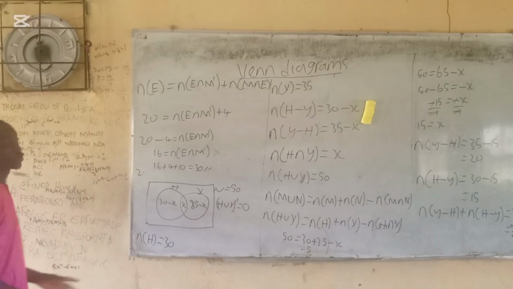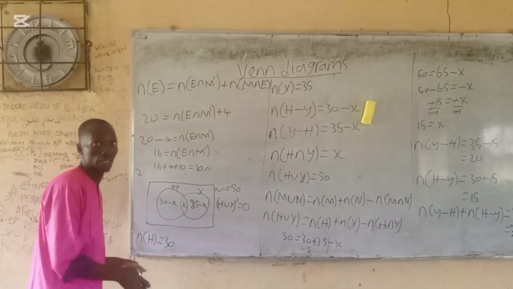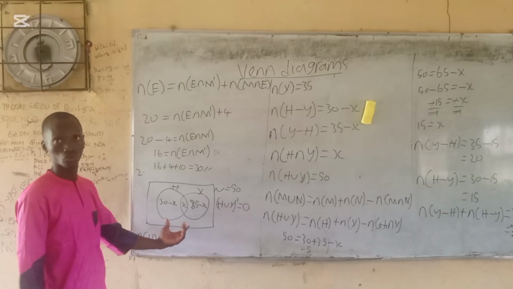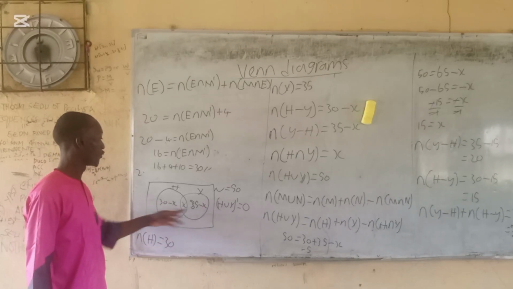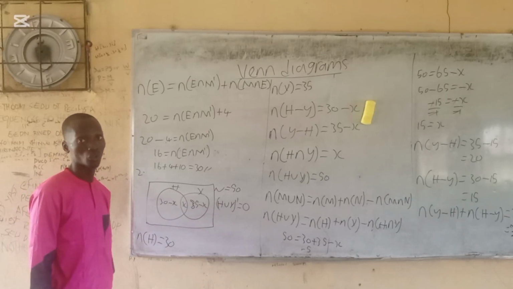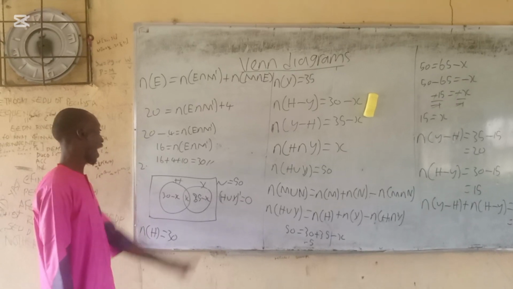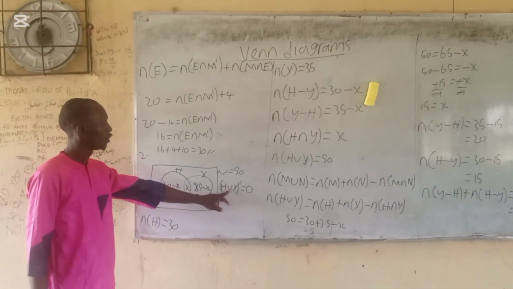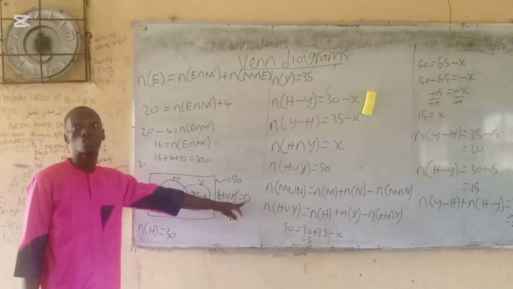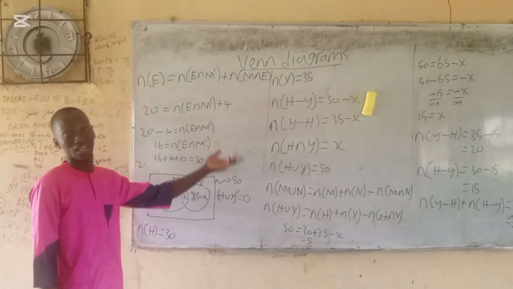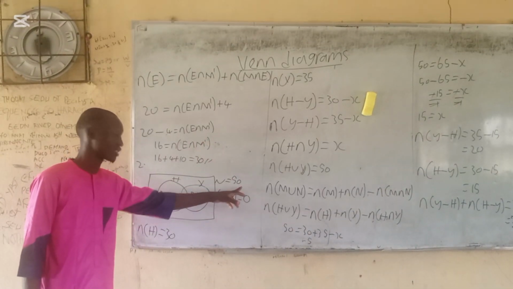Then now, we take it to cardinality, to break it down again. We will just add everything together and equate it to 50, because they say every student speaks at least one language, which is (H union Y) prime equals 0.